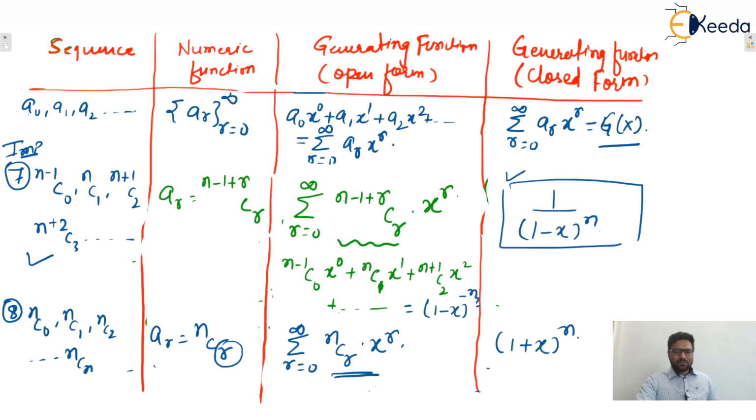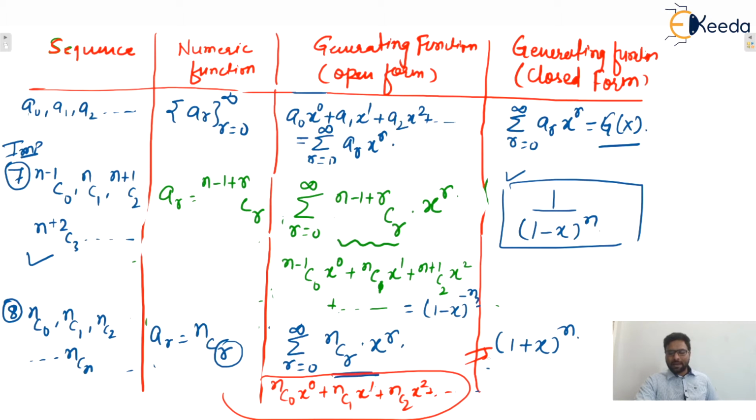I told you guys in the binomial identities it becomes nC0 x power 0 plus nC1 x power 1, then nC2 x square, and so on. I already told you about this in binomial identities and binomial expansion. Okay, so these are the seventh and eighth ones.